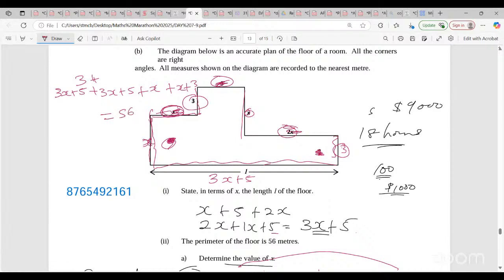All of that is equal to 56, right? So I'm going to add all of the x then. 3x plus x is 4x, plus 3x, plus x, that's 8x.